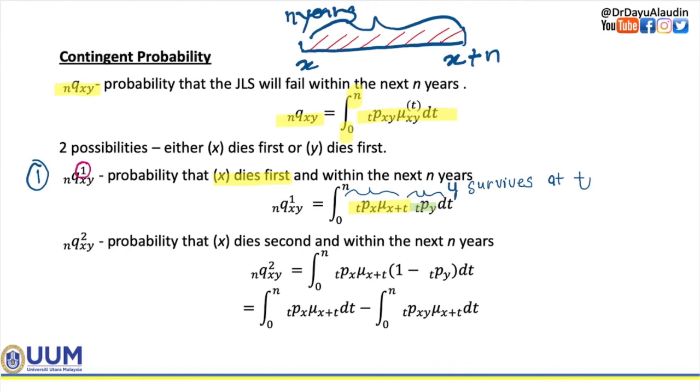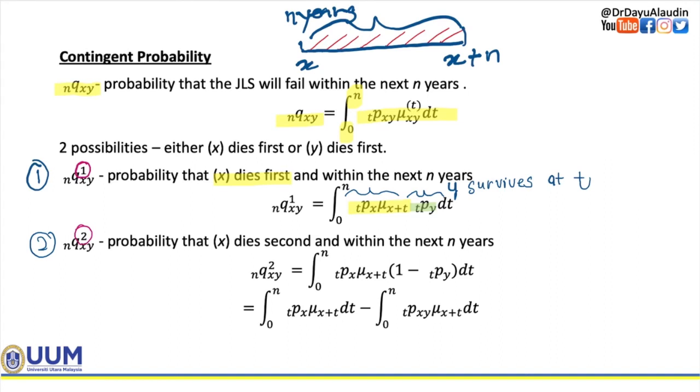Second one, the probability that X dies second and within the next n years. So we put 2 on the X, same as the first possibility.